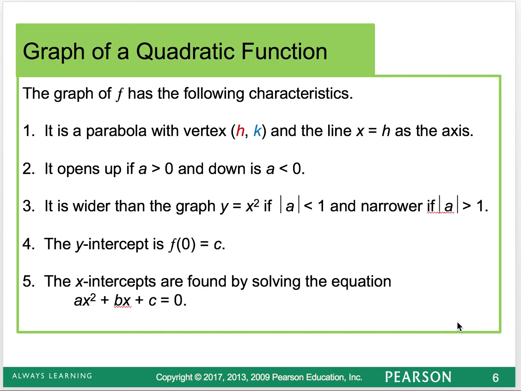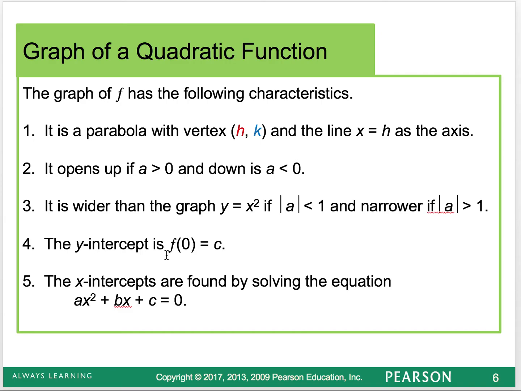Oh, here's just some general information. Again, if you want to pause this and read it, it's just telling you if your vertex is (h, k), then the axis of symmetry is x equals h. We've already discovered that. It opens up if your leading coefficient is positive, and down if your leading coefficient is negative. That's about the stretching and shrinking. That tells us where the y-intercept and the x-intercepts are.